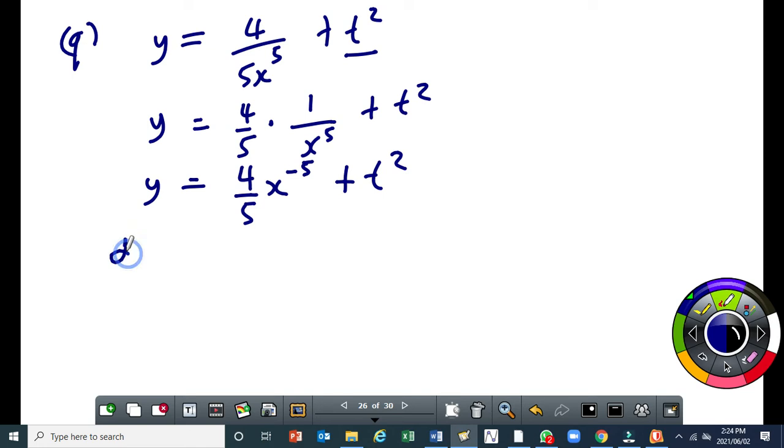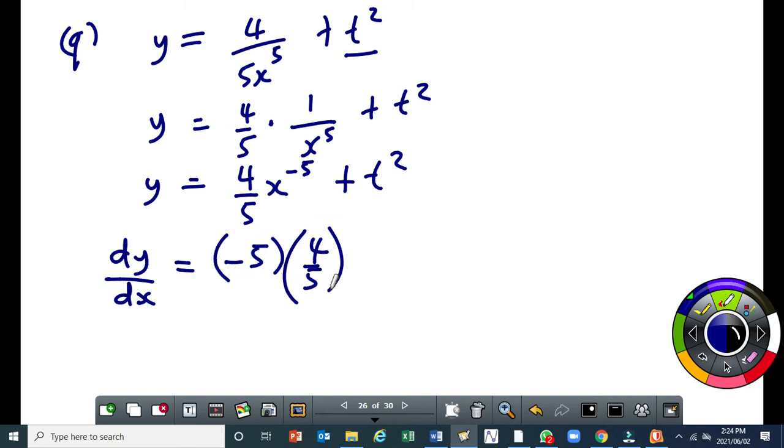Right then, now I'm finding the derivative, dy over dx, that's equal to the exponent times the constant, plus 0. Because the derivative of t squared is 0, because t is a constant. Oh, sorry, I forgot to put my x there. So this will be times x to the power of minus 5 minus 1 plus 0.